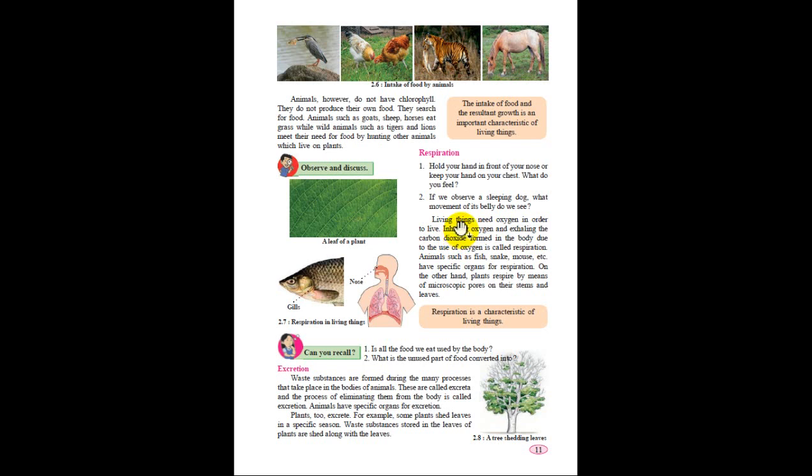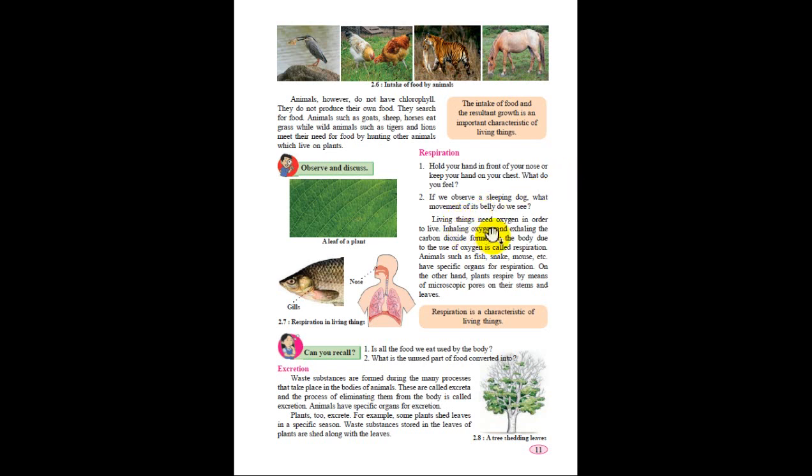That is the intake, the inhaling and exhaling of air. Every time we inhale and exhale, whenever we do respiration, our chest moves, and that's why we feel it going up and down.